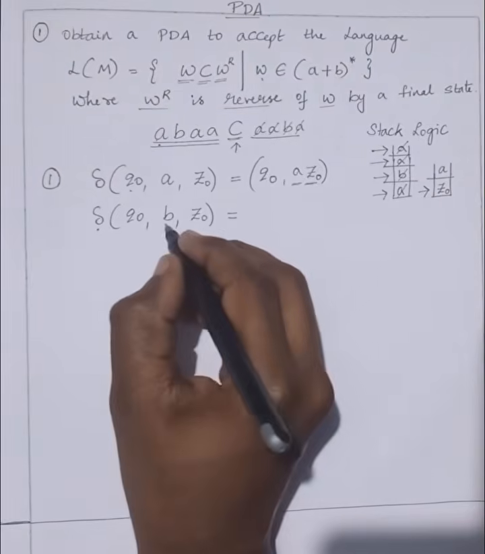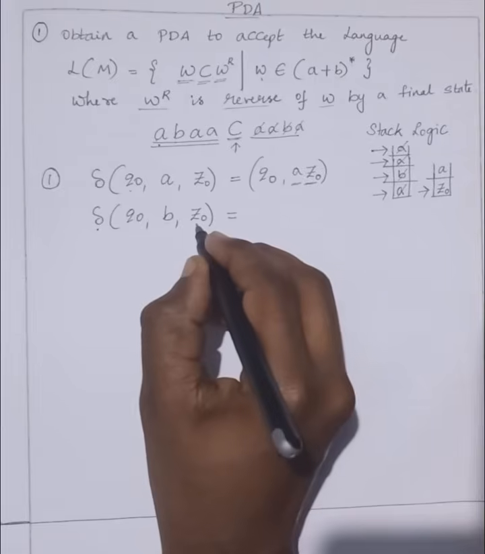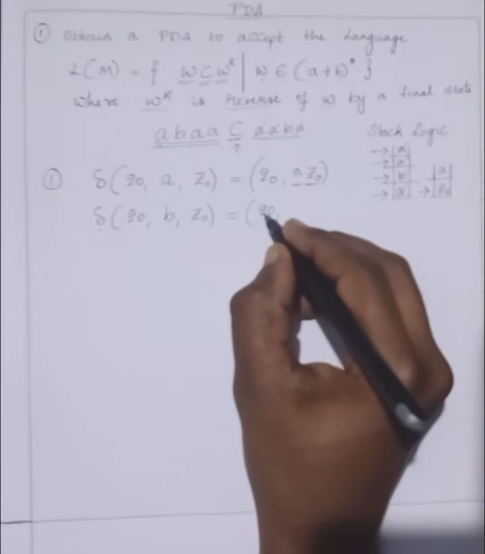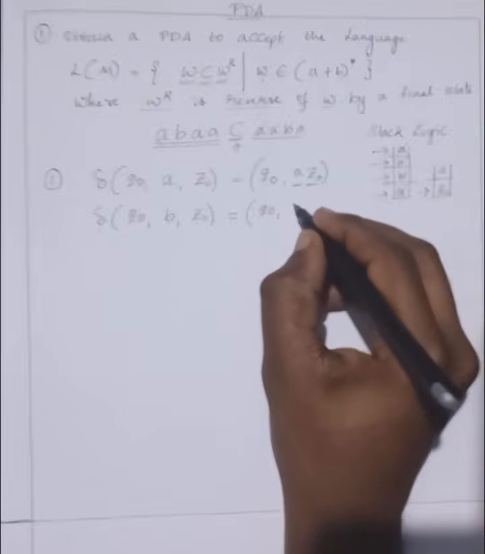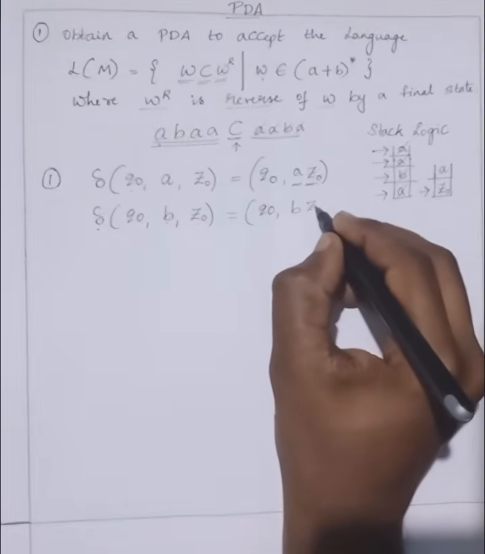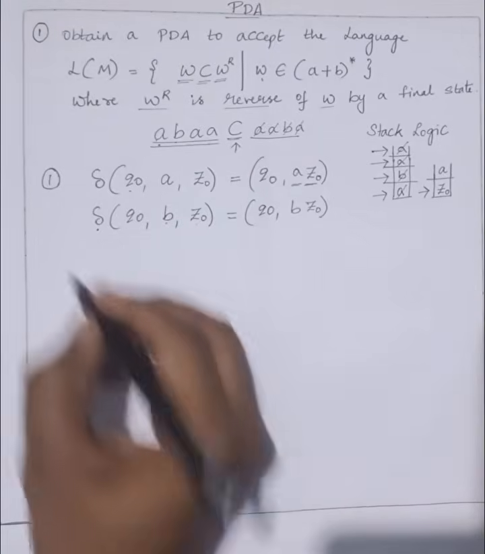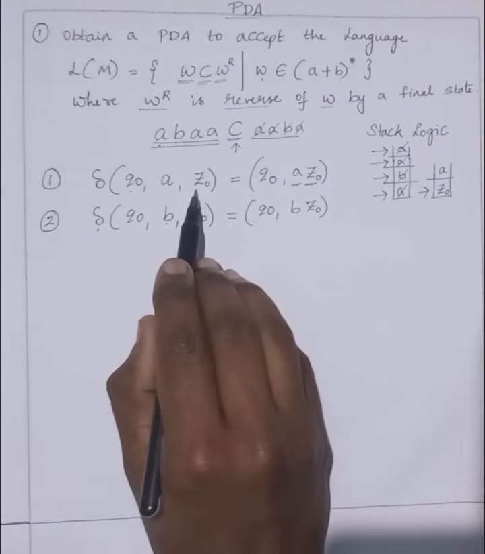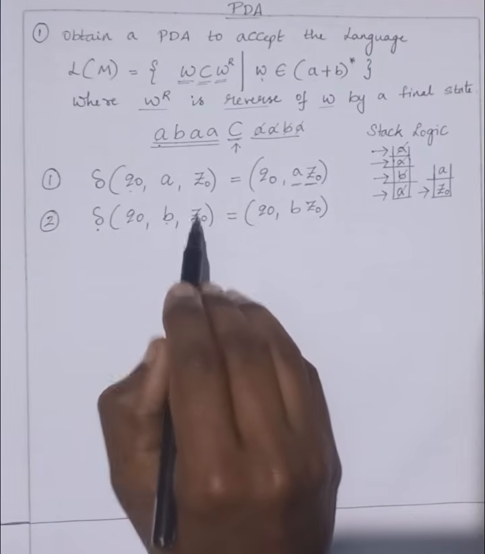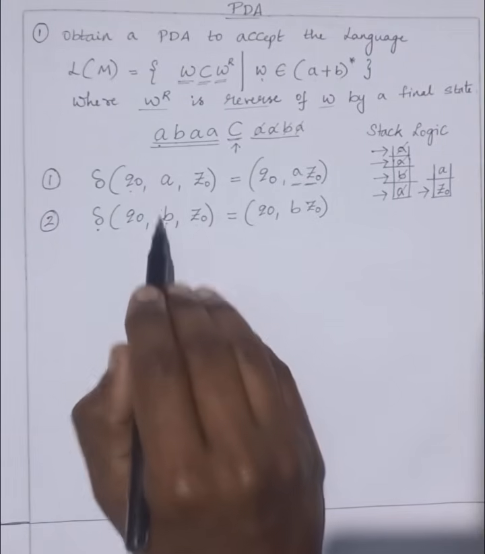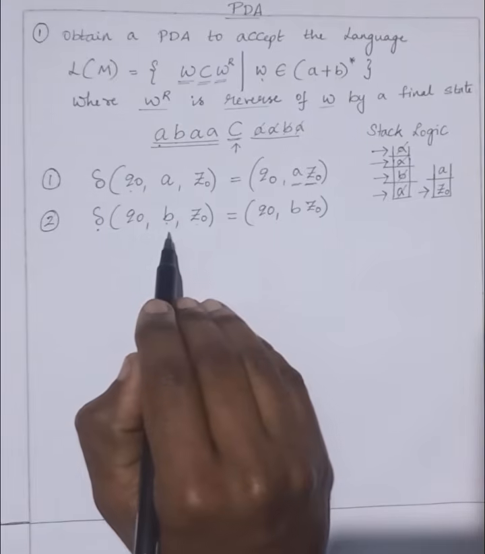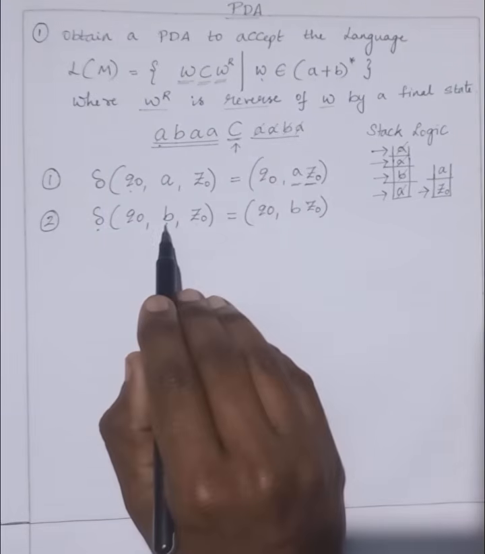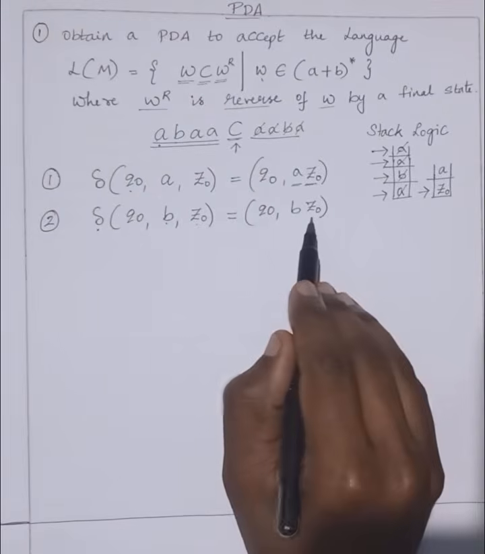In the same way, whenever we have the B input and the stack is empty, we just push that element to the stack. So that is Q naught, B, Z naught. So these are the first two transitions. Whenever the stack is empty, we can have two inputs, A and B. Whenever we push A, it becomes A Z naught, and whenever we push B, it becomes B Z naught.